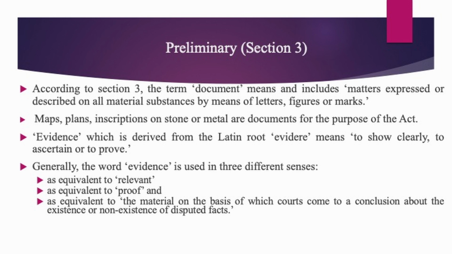Where a person possesses stolen property immediately after theft, it is evidence of the fact that the person has committed theft or has received stolen property. Here, evidence is used as equivalent to proof.